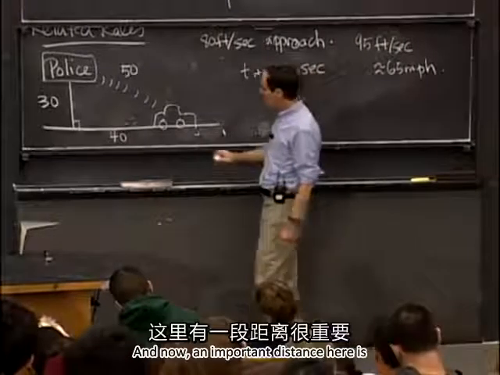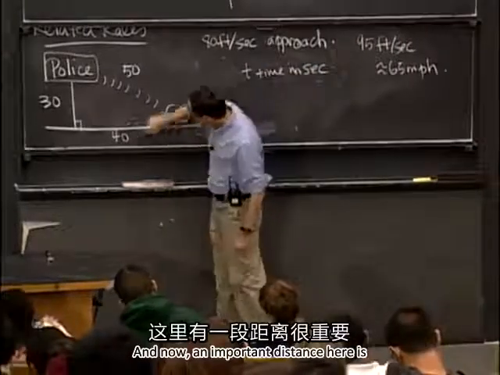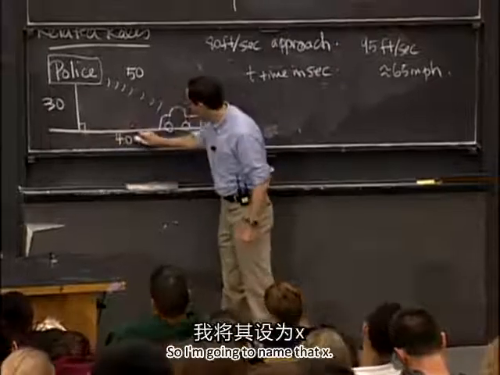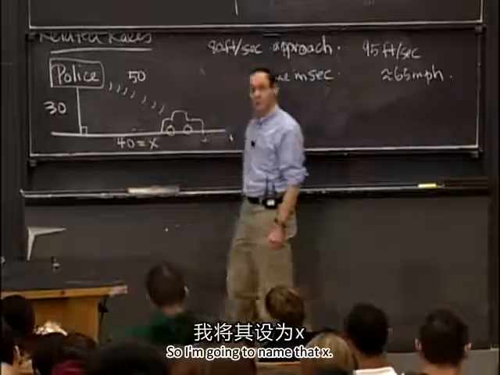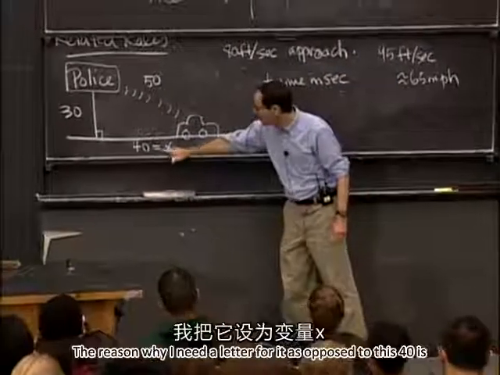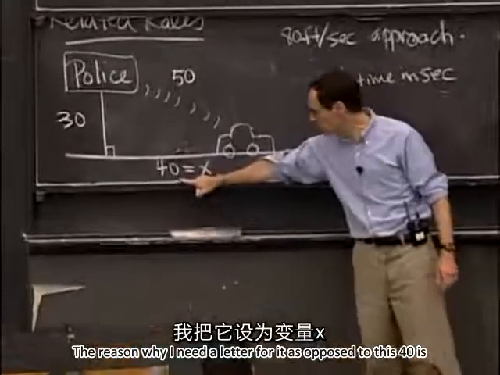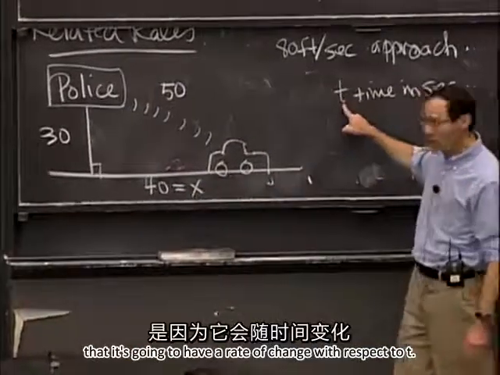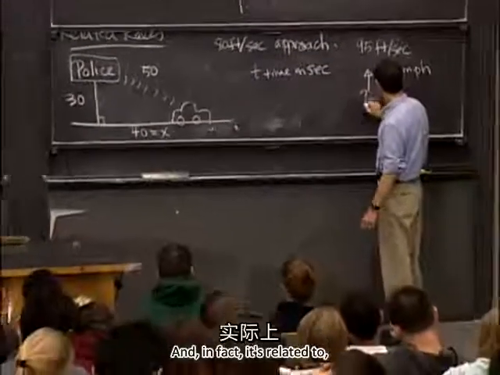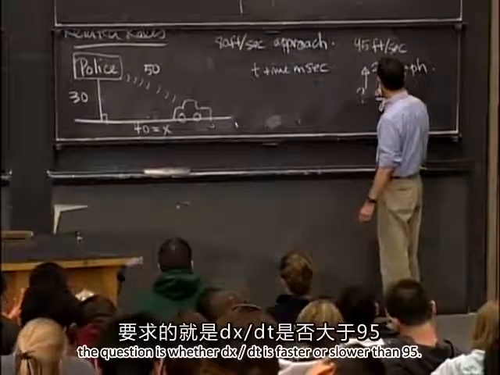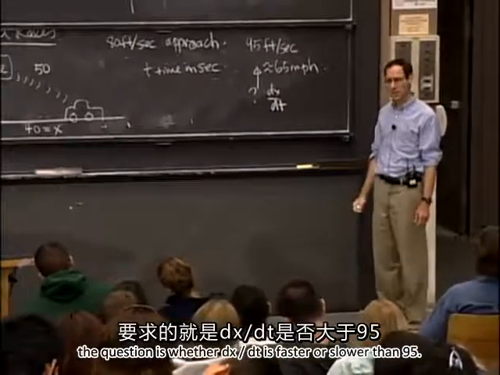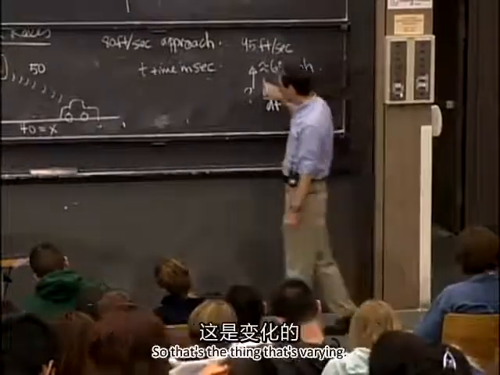And now an important distance here is the distance to the foot of this perpendicular. So I'm going to name that x. All right? Now, x is varying. The reason why I need a letter for it as opposed to this 40 is that it's going to have a rate of change with respect to t. And in fact, the question is whether dx/dt is faster or slower than 95. Okay? So that's the thing that's varying.